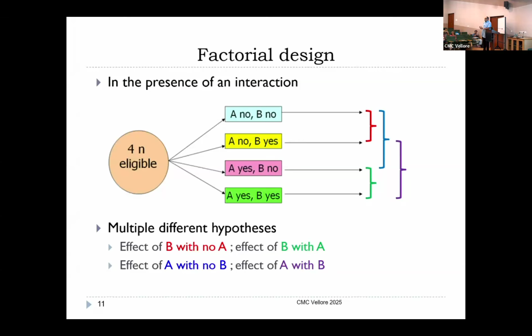So I need to adjust for the fact that I'm doing multiple tests. And the tests are not independent. They're correlated. So there are ways to correct for this. So while the factorial design is attractive, if you have interaction, you get complications. And you don't know if you're going to get an interaction or not. In the Malawi study, they expected interaction, so they had planned for it. But many times people don't plan for it.